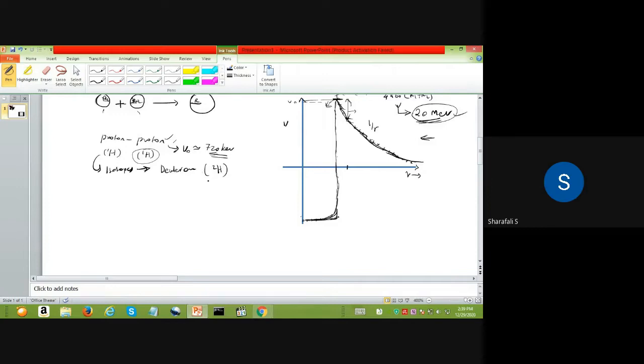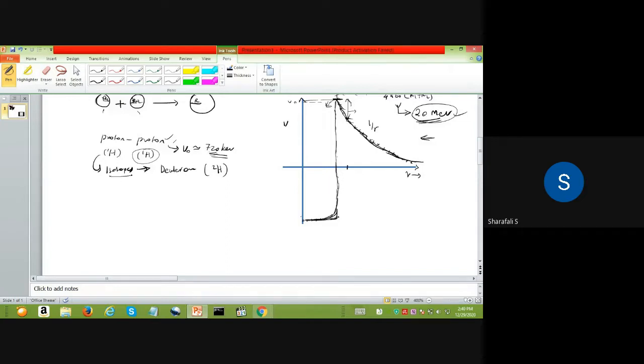The nucleus will have more radius here as compared to this. This is having only one proton, and this is having one proton and a neutron. So the nuclear size will be larger here, which means that the R1, R2 value will be larger here. So this will further reduce this potential barrier. Okay, so keep that in mind.